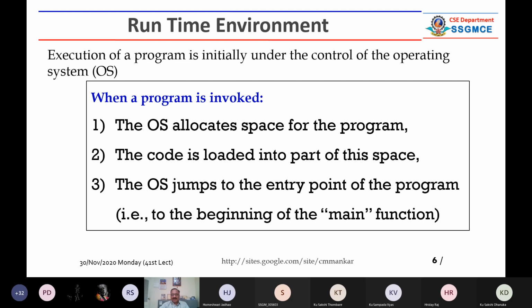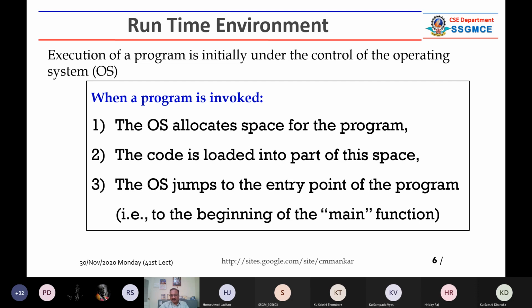The code is loaded into that space. The space is divided into different areas, a high memory area, a low memory area, like that. And many processes or executable images are loaded there. And every image has a starting point and an ending point.